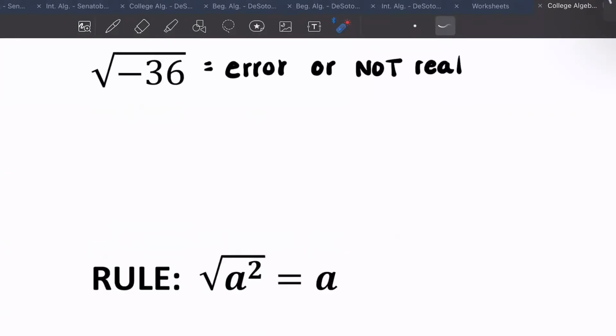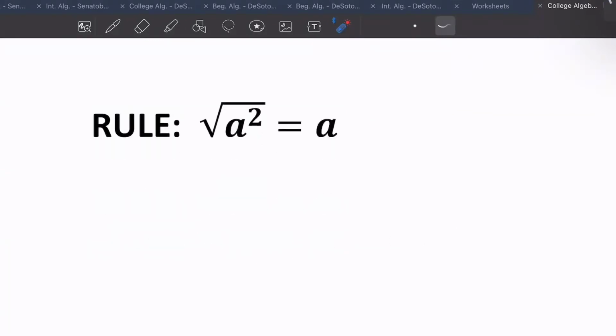So, a couple of rules. Here's the first one, and we've been doing this one. The square root of a squared equals a. So this means that if we had the square root of 3 squared, your 3 is acting like your a in our generalized rule here. So we just get 3.